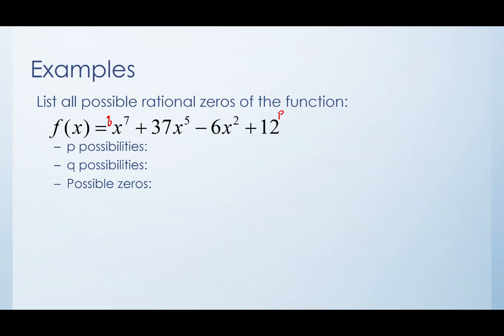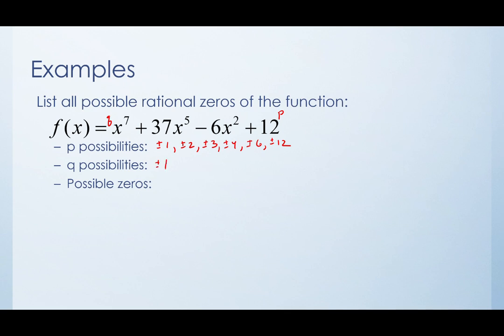So what are the factors of 12? We've got plus or minus 1, plus or minus 2, plus or minus 3, plus or minus 4, plus or minus 6, plus or minus 12, and of course q, the leading coefficient, is 1, so we have plus or minus 1.